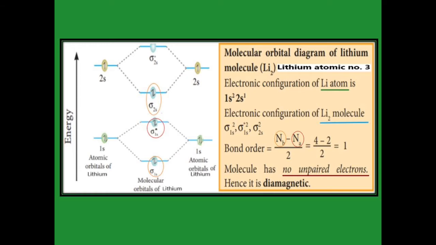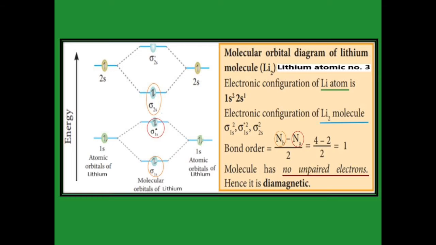The 2 electrons come from the 2s of the 2 lithium atoms, and in sigma star 2s there is no electron, because at the atomic level 2s has only 1 electron each. So there are only 2 electrons in the 2s orbitals.